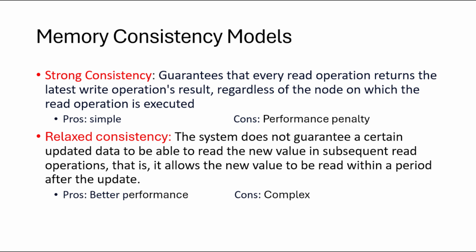So the advantage of strong consistency is it is simple, but the disadvantage is the performance penalty. And the pro of relaxed consistency is it can have better performance than strong consistency, but it also requires a more complex describing model.